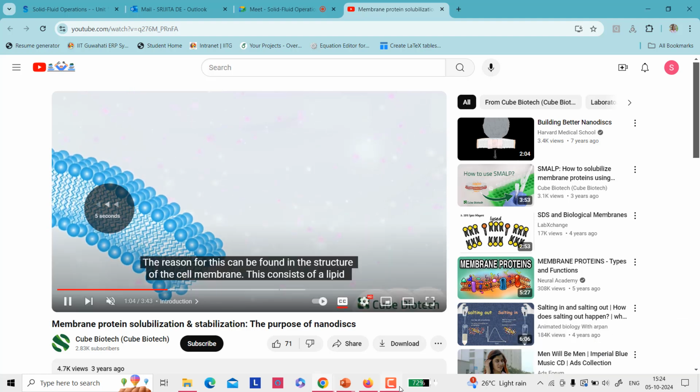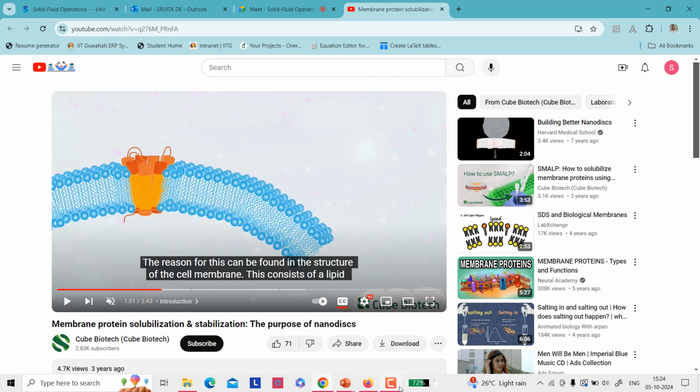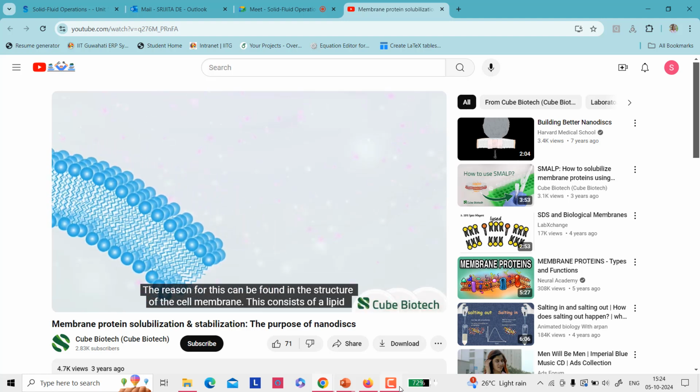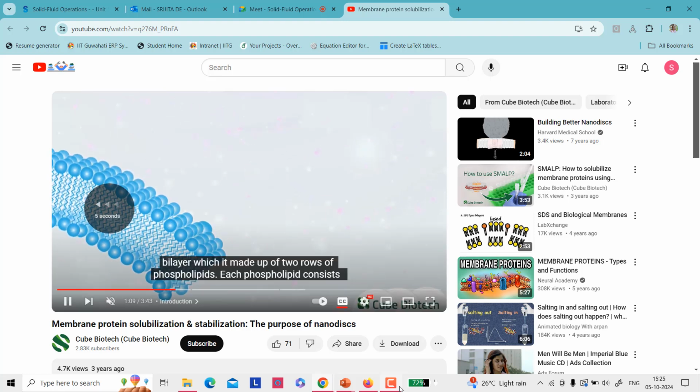This consists of a lipid. This is how cells are formed. The cell membrane consists of a lipid bilayer, which is made up of two rows of phospholipids. Okay, each phospholipid consists of a phosphate head, which is hydrophilic, linked to two fatty acids.